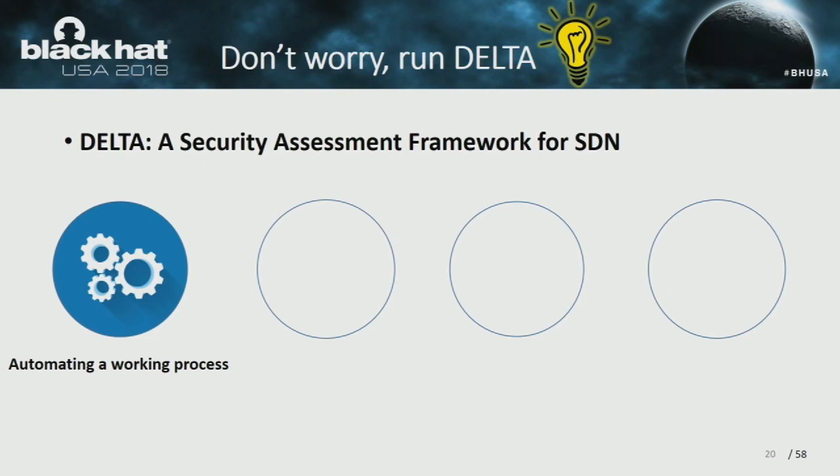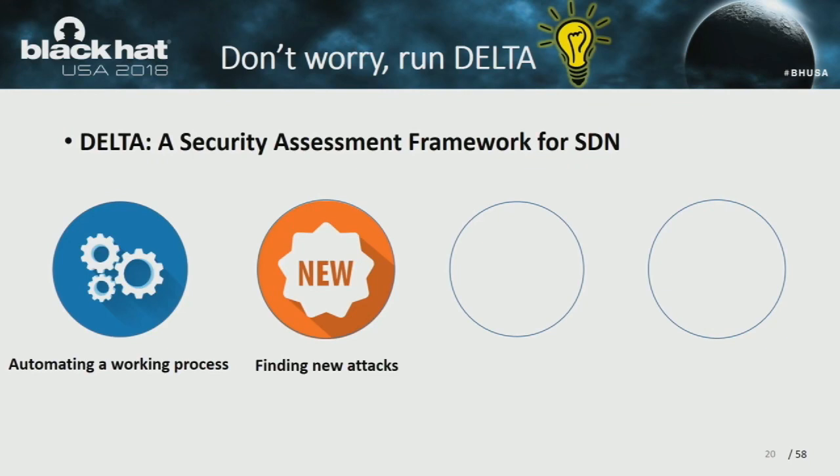First, it should be highly automated to minimize the human effort, because as I briefly mentioned, it can be a very time-consuming task to manually set up each SDN component, run the security test, and verify the test results. And also, Delta should be able to find new vulnerabilities as well.